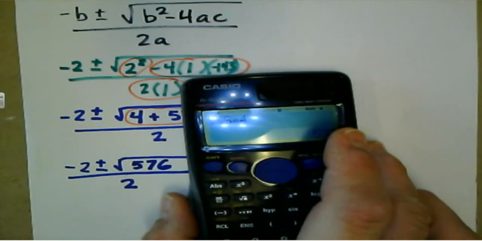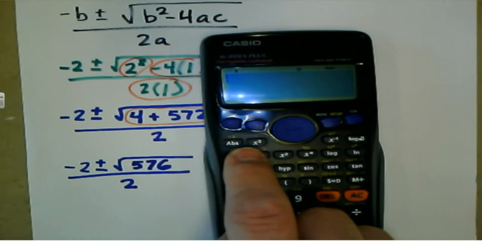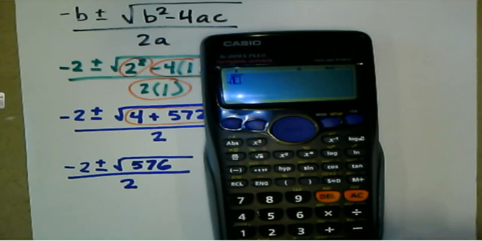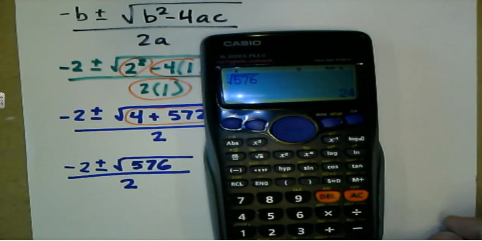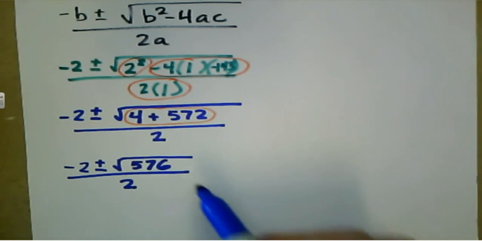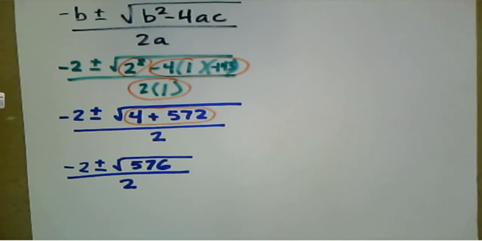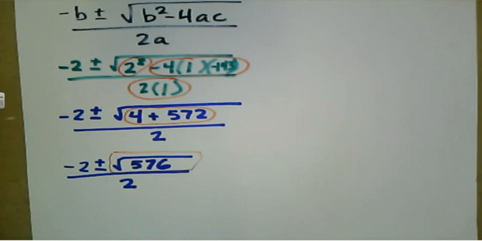Now, on your calculator, once again, trying to get that light away, I'm going to hit my square root button right there. I'm going to hit 576. I'm going to hit equals. And what does it come out to be? 24. So this is the part we did, this whole thing with the radical.